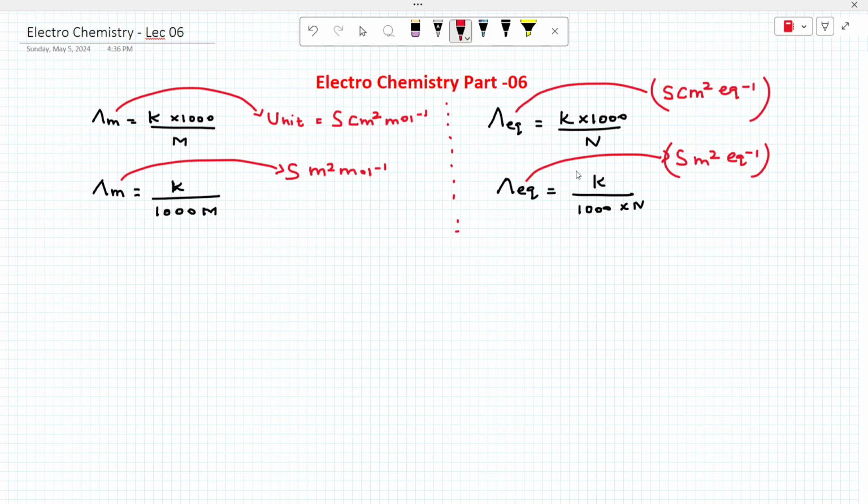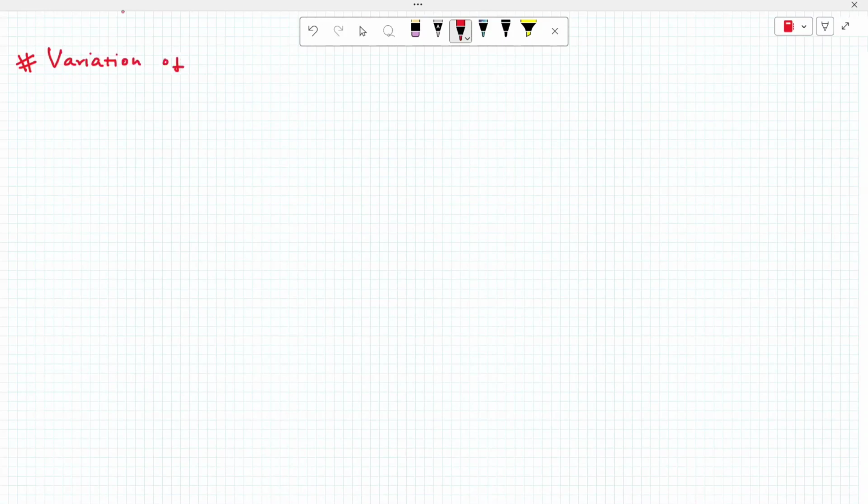Simple. Okay. Now stop. Now we are going to start the topic: variation of conductivity. Okay, please note. Very important topic, basic topic. Note the variation of conductivity, that is kappa, right? Kappa and molar conductance.